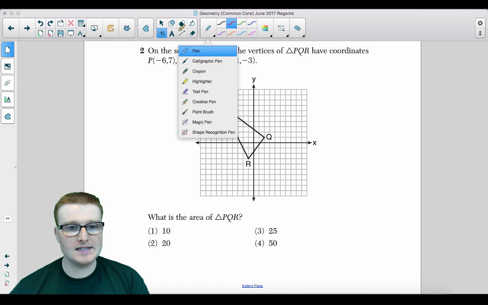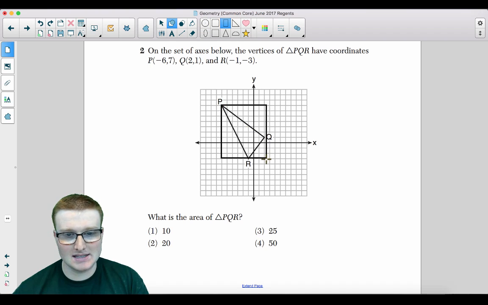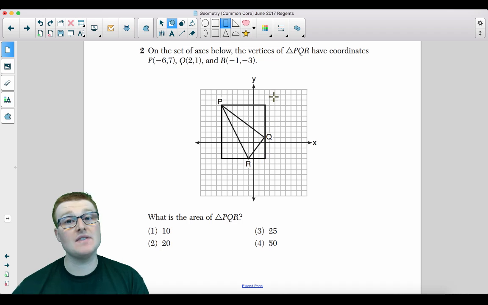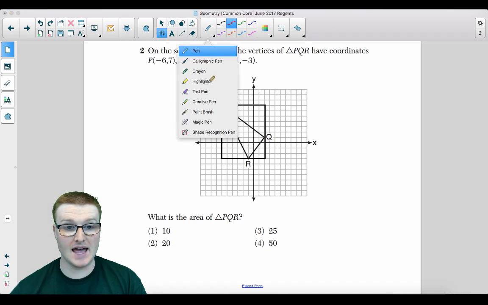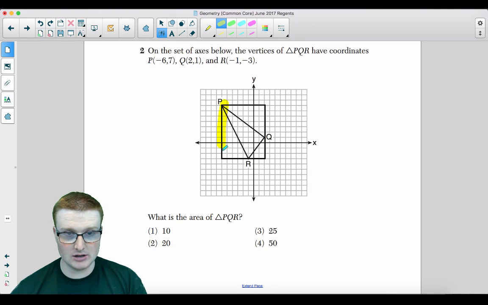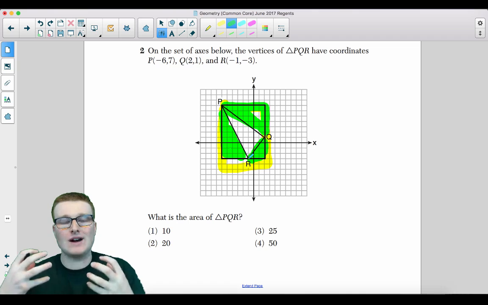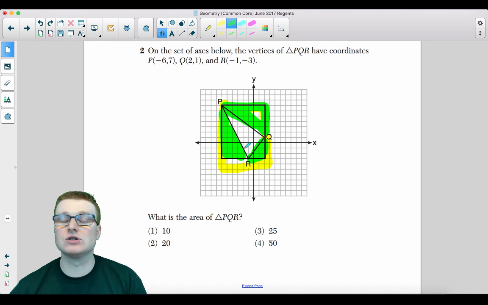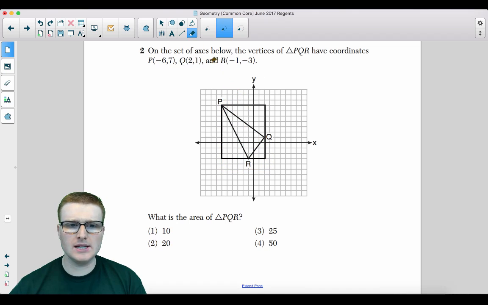The first way is to take a rectangle and box this in, find the area of the entire rectangle, then subtract the little triangles that are bordering the main triangle, subtract those areas away from the rectangular area, and you'll get the resulting figure inside. That's a good way, absolutely.